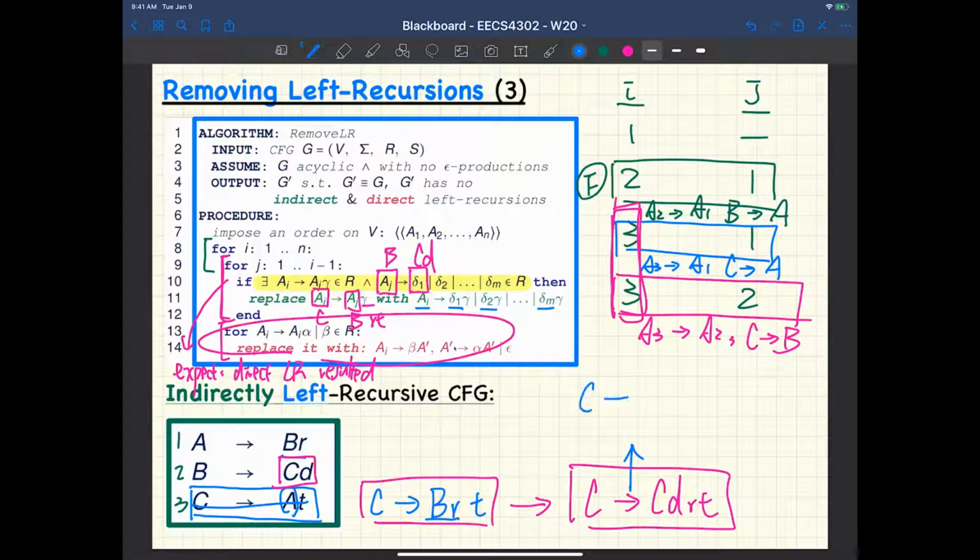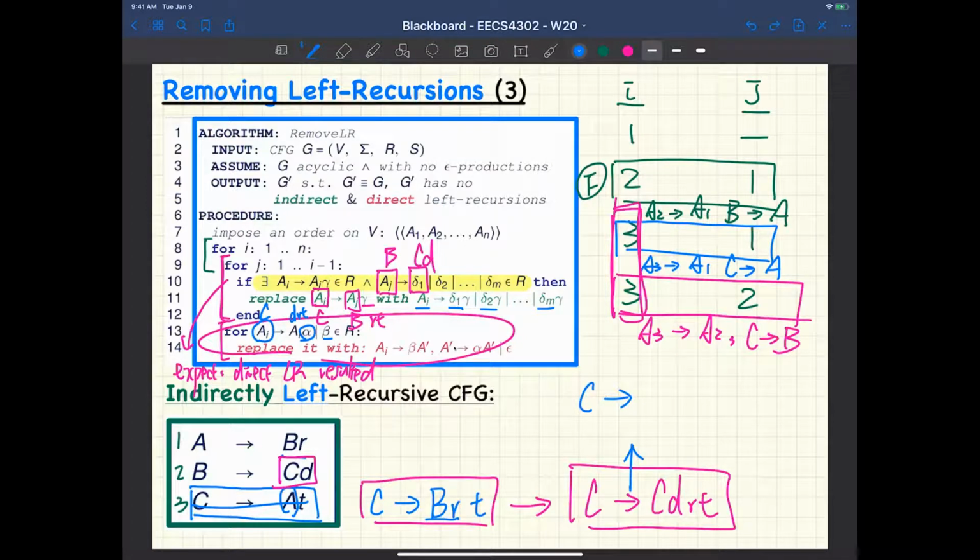C produces, first of all, let me just make some substitution for you. Apparently AI over here is C, and then alpha over here is DRT, and beta we don't have anything. You shouldn't think epsilon, just nothing, just not there.